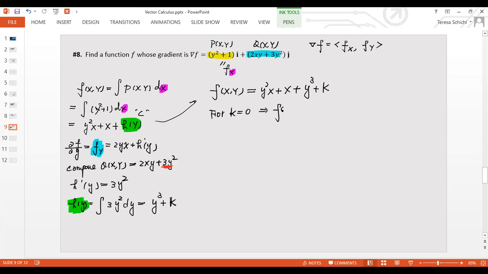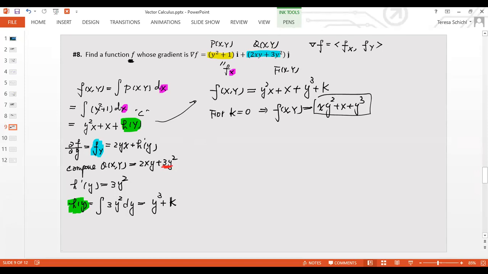So now I find my f of x, y: this is xy squared plus x plus y cubed. Now if you take the partial f sub x and f sub y, it will give you this field. So I know that if your field, capital F of x, y, is defined as this field, then capital F of x, y is conservative, because I can find a function whose gradient vector is equal to whatever we have in the field here.